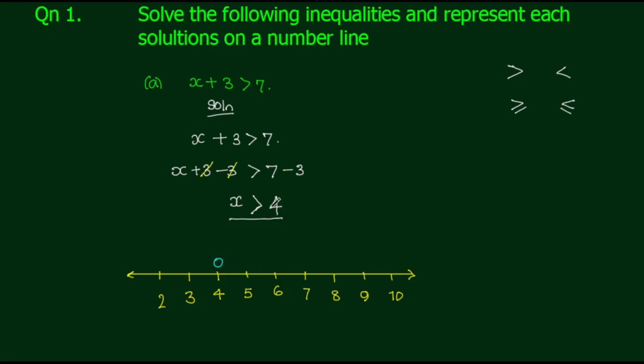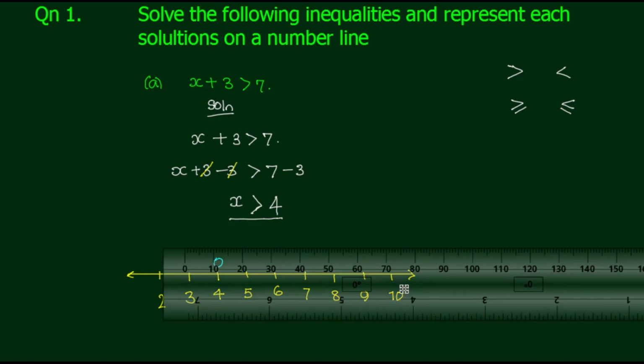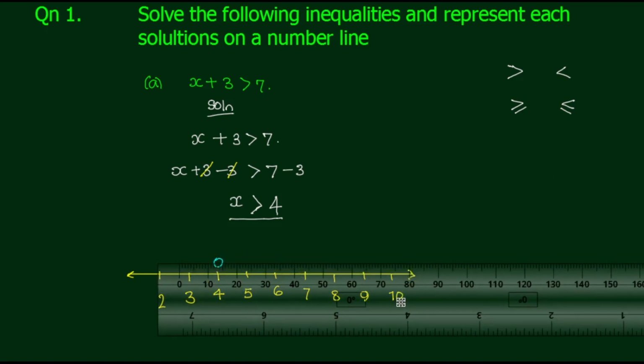Now we look at this. What is that number which is bigger than 4? 5 is bigger than 4, 6 is bigger than 4, meaning we're moving in that direction. So we can again go ahead and draw a number line to show the numbers that are greater than 4.